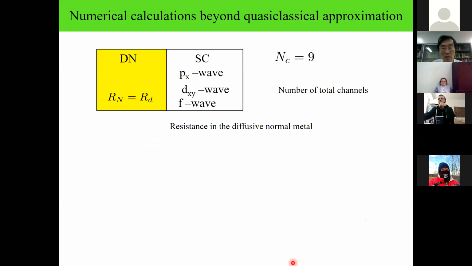Professor Asano-san, and also Ikegaya-san, now in Stuttgart, and Suzuki-san in Nagoya are very much interested in this topic. They want to clarify the physical origin in more detail, so they have started numerical calculations beyond the quasi-classical approximation.